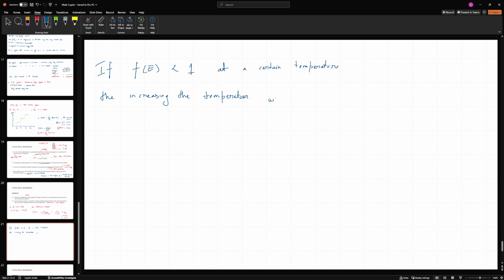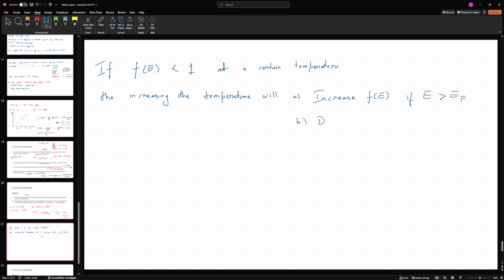A, it will increase f of E if E is greater than EF.